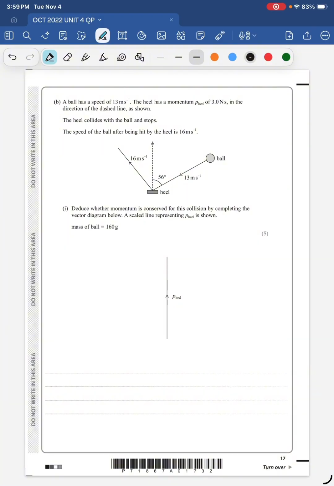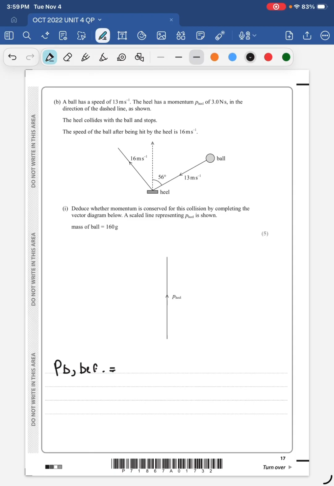Okay, here we will not analyze. Normally you analyze momentum into components, something like that, but this is not how it will work now because we are asked to use the diagram. So to use that, we need to find the magnitude of the momentum before, so p ball before.